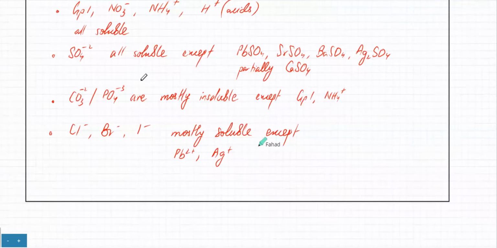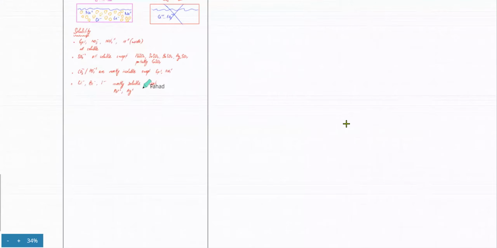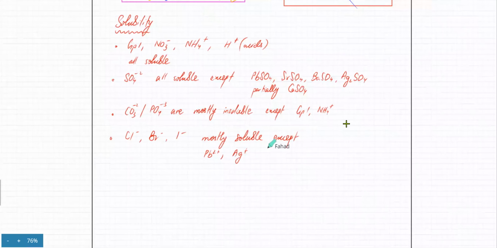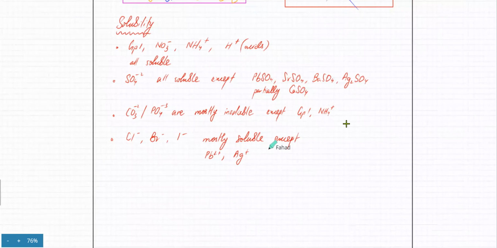And lastly, let's extend this. Just make sure all these things are basics. They come very frequently. Entire questions depend on this. Then lastly you have OH-.